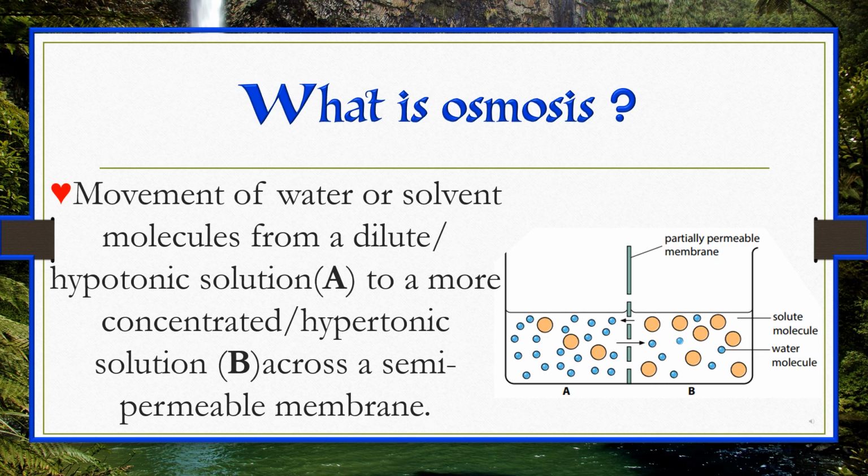So osmosis would mean that water is going to move from the dilute hypotonic solution, that is A, to a more concentrated hypertonic solution, side B, across a semi-permeable membrane.